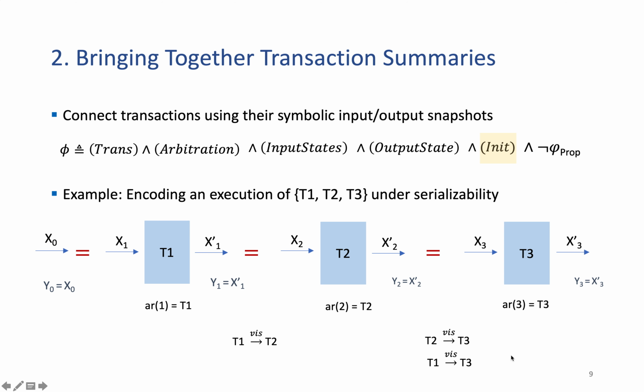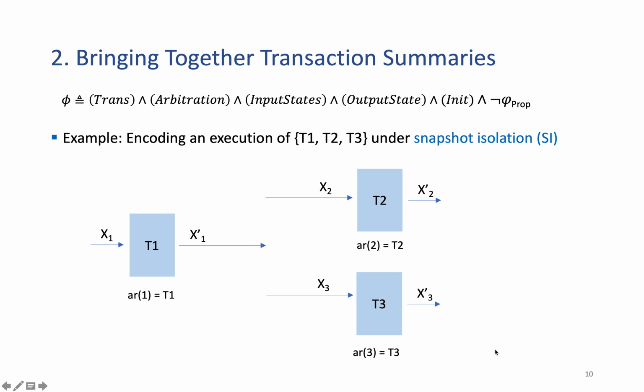So to give a better idea, I'll give another example of the encoding on a weaker model. Let's say this time we're encoding snapshot isolation. Similarly, we have 3 transactions, and again, for simplicity, I'll assume the arbitrations correspond to the IDs of the transactions.